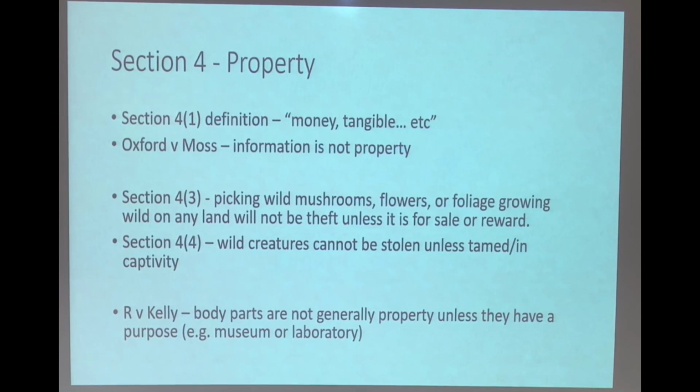You can't do that for various reasons. But in this case, because the body parts were being used for a particular purpose, e.g. in a museum or a laboratory, so if you think of a mummy in a museum, they can in fact be property. So if someone was to steal a mummy from a museum, that would class as property, even though body parts normally aren't property.